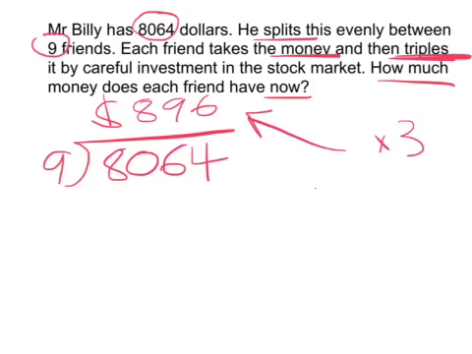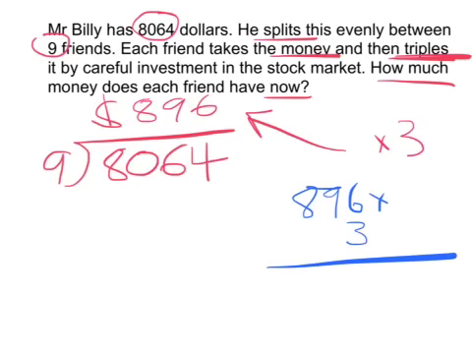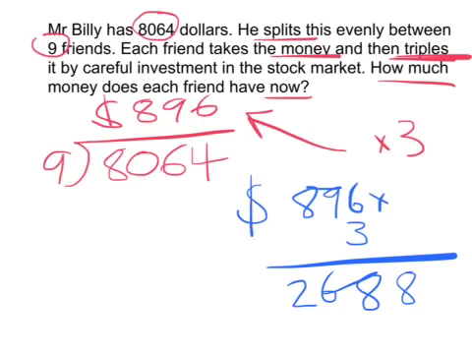Let's change colours. 896 times 3. And the answer to that is 2,688, which is of course dollars, right? So each friend now has $2,688.